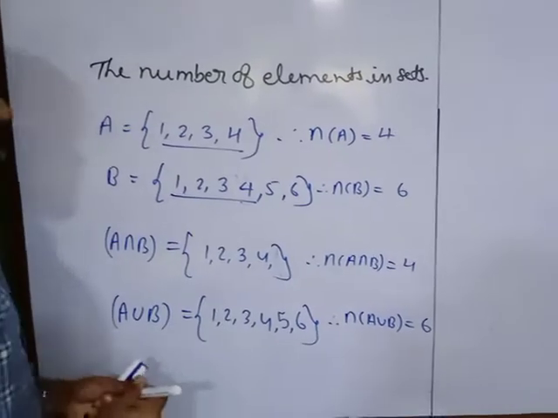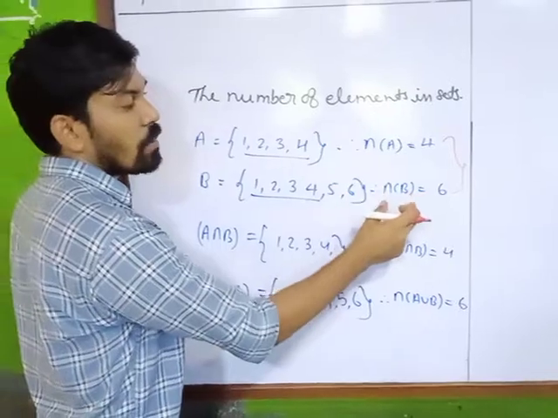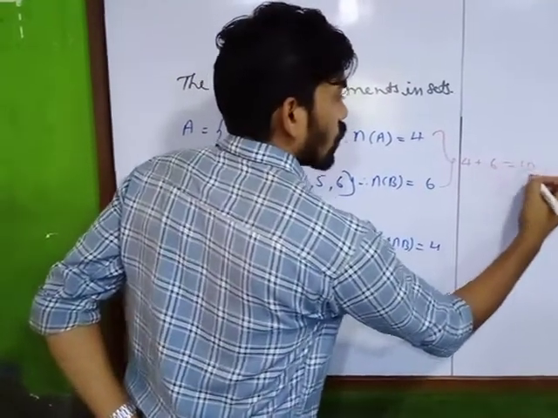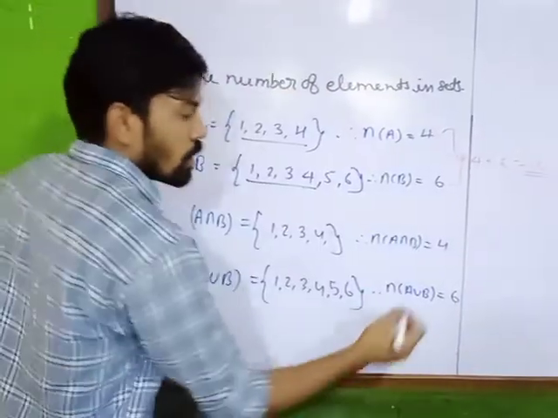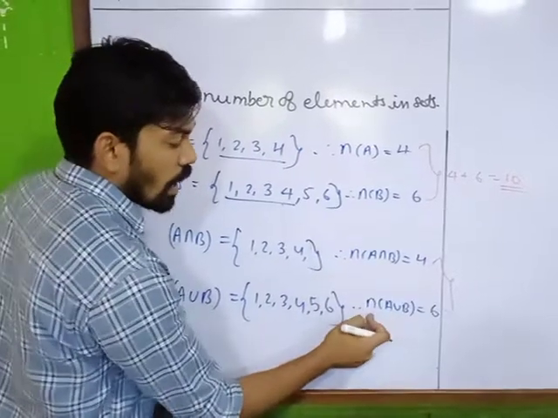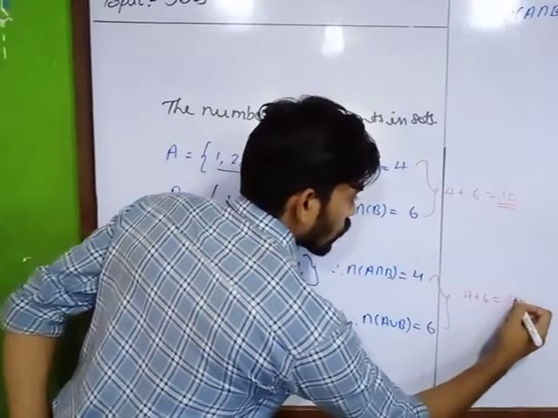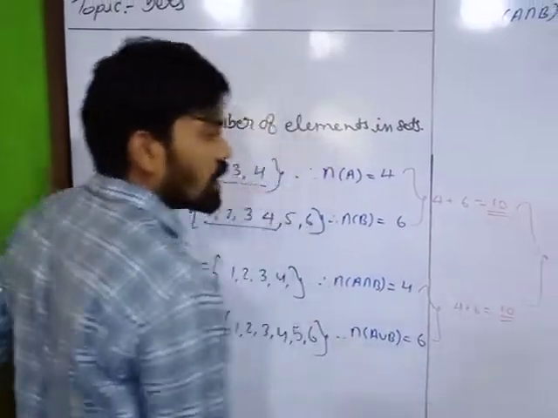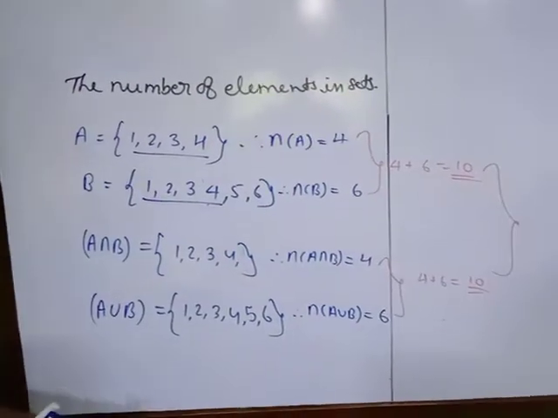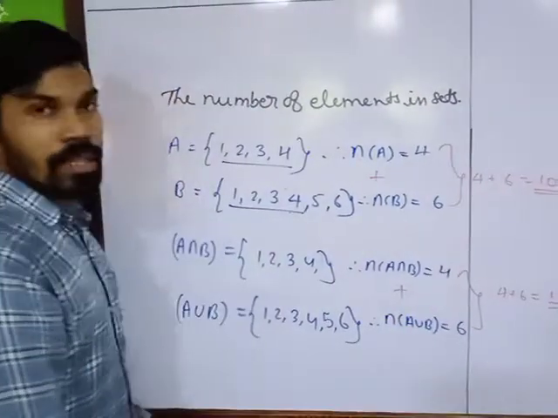Now, just check. Take n(A) and n(B): 4 plus 6 is equal to 10. Take these two, n(A intersection B) and n(A union B): that is also 4 plus 6 is equal to 10. According to these, we can say these two 10 and 10 are equal. So the addition of these two is equal to the addition of these two.